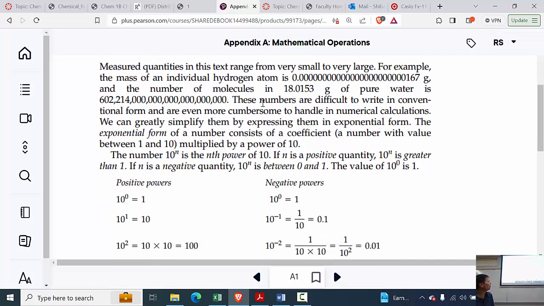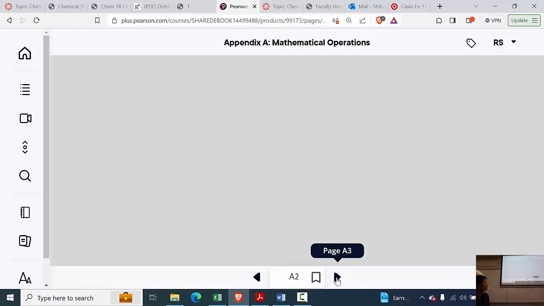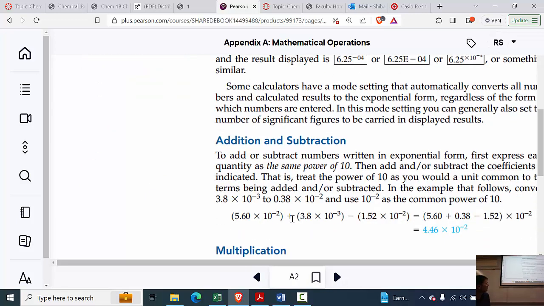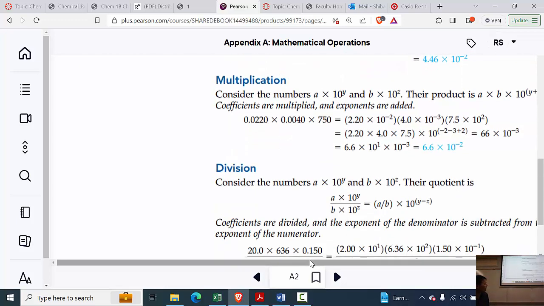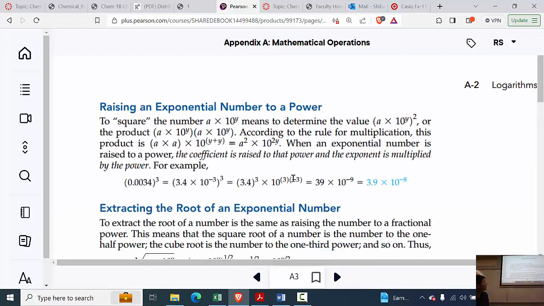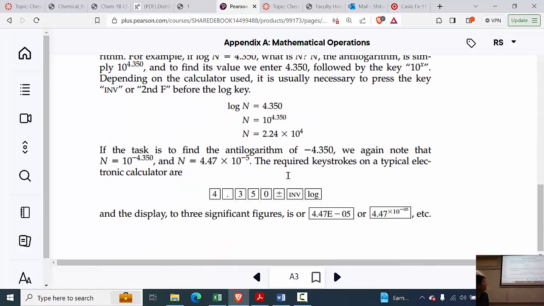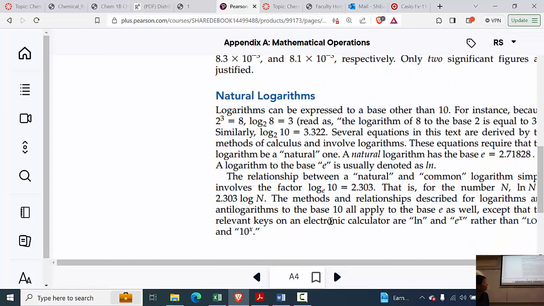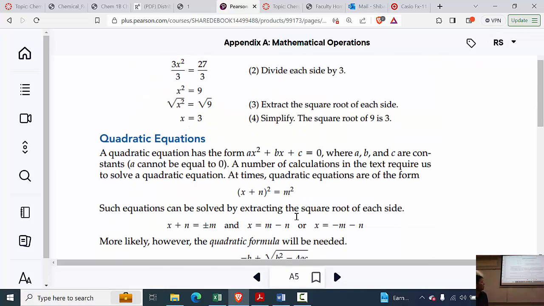So Appendix A goes through a math review: exponentials, scientific notation, sig figs, multiplication, division, exponentials, logarithms. The quadratic.